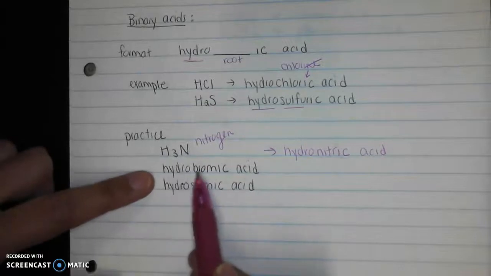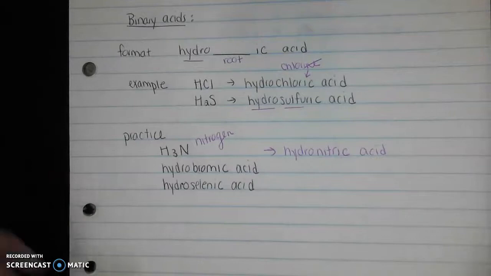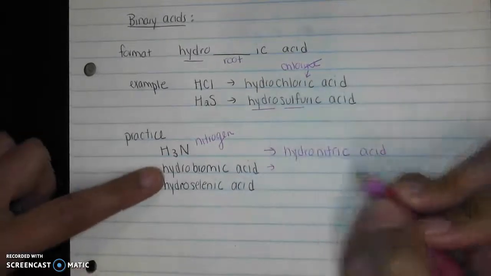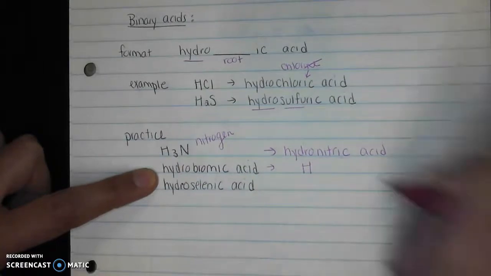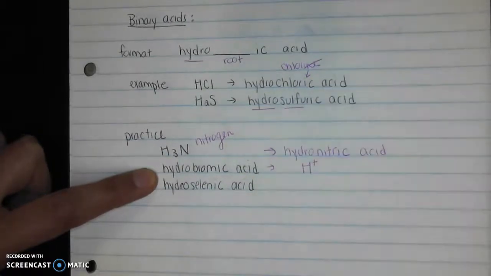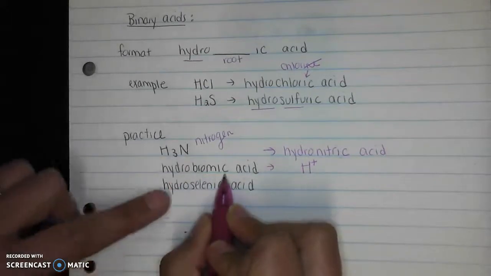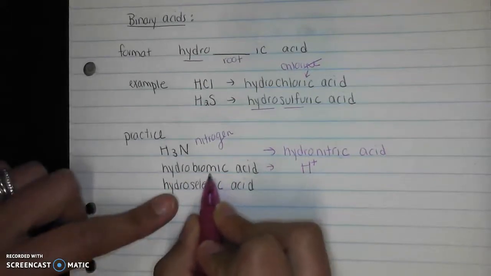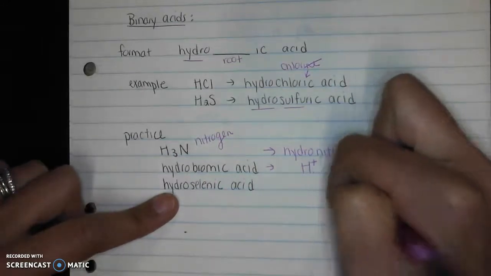All right, now let's go in the opposite direction. So this one's hydrobromic acid. So now we have to go from name to formula. Because it's an acid, we know that we're starting with hydrogen as our cation, so H+. If we look at our word, it's bromic. So "bro" sounds like bromine, so this is going to be the element bromine.